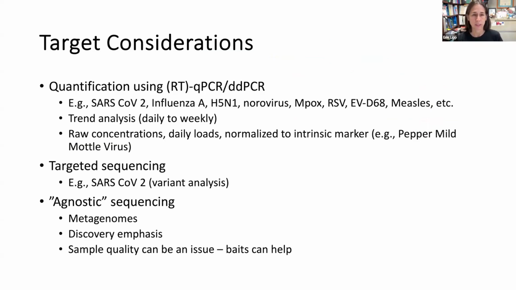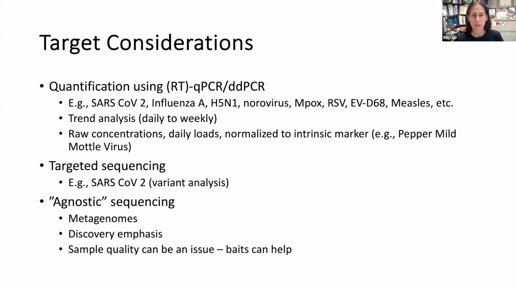These are being used already on dashboards: SARS-CoV-2, influenza A, highly pathogenic avian influenza, norovirus, mpox, respiratory syncytial virus, enterovirus D68, measles, etc. These have already been applied and are working well to track trends across broad spatial areas. The trend analysis is really valuable for this. You can look at what's happening daily, weekly, longer to get an idea of when you're in potentially times of spike or an increased risk.